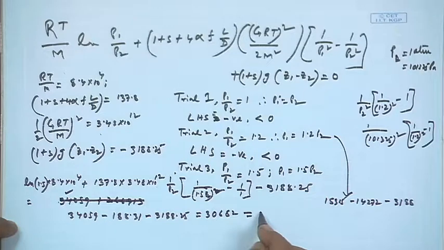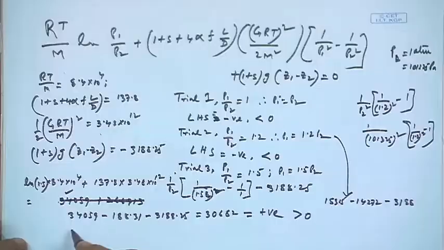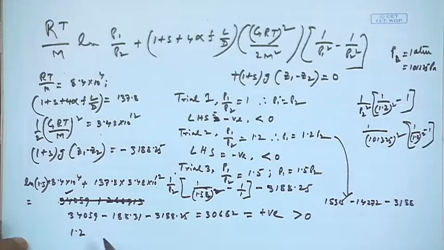So this is a positive value, right. That means this is greater than 0, which means that the value is lying between 1.2, which was negative, and 1.5 which is positive.